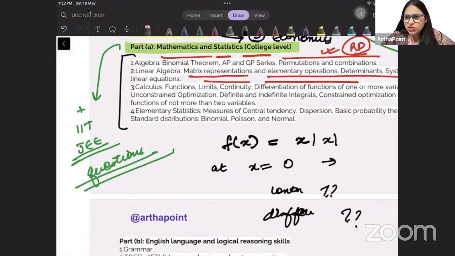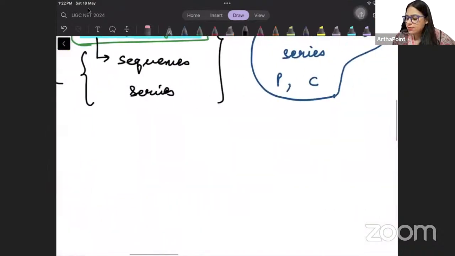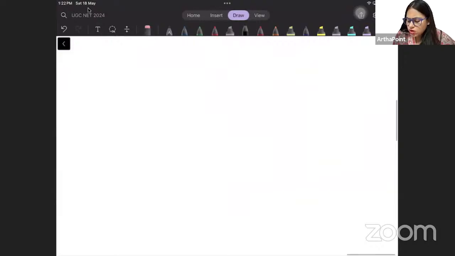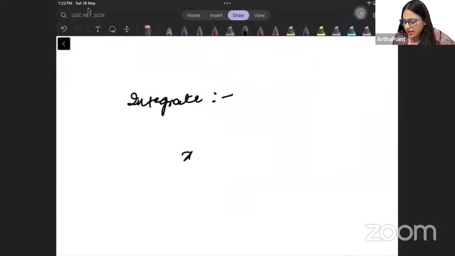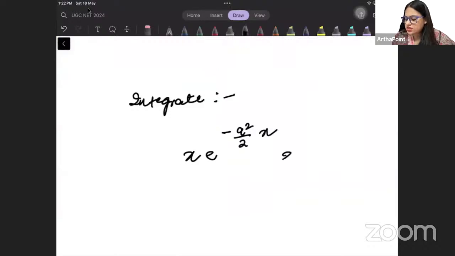Then integration, again not very difficult, beta, but in integration you have to again have a thorough hold. Just for example, if I give you: integrate x e to the power minus a square by 2x dx over minus infinity to infinity, something like this.